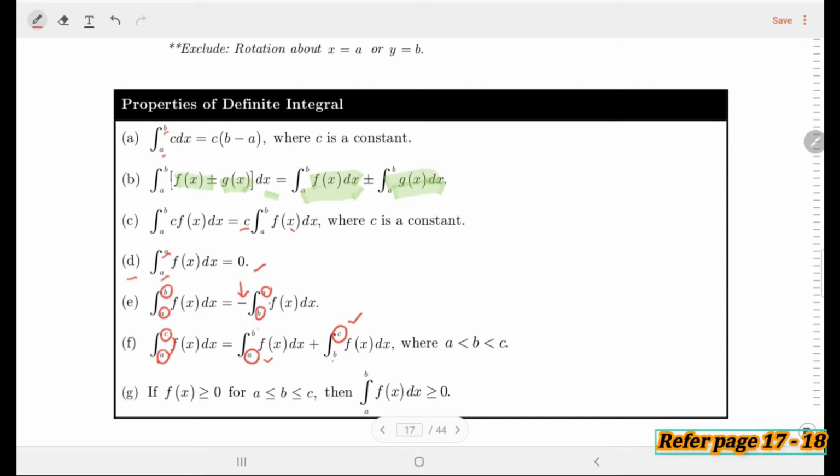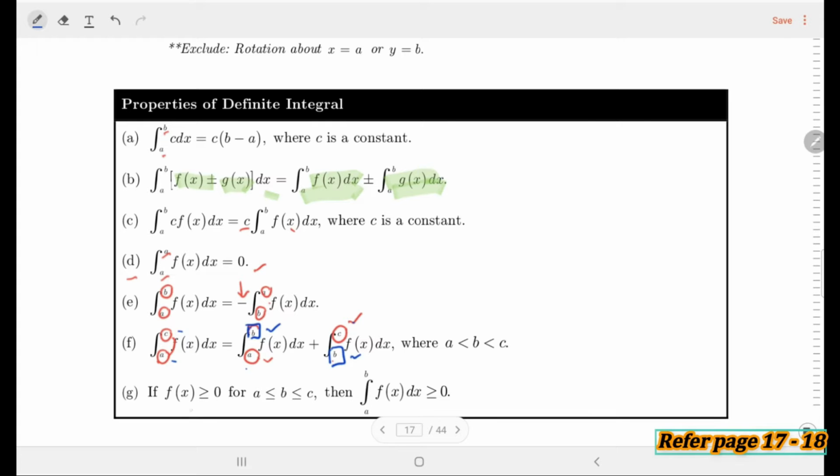The limit in the middle must be the same limit. So please remember, if you want to split your limit, the middle limit must be the same, and the beginning and the ending point must be equal to the original limit.